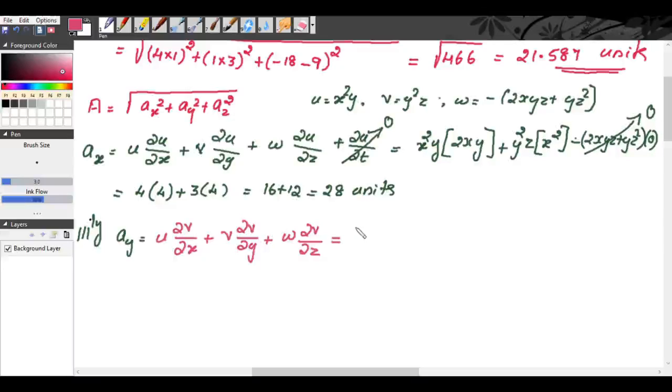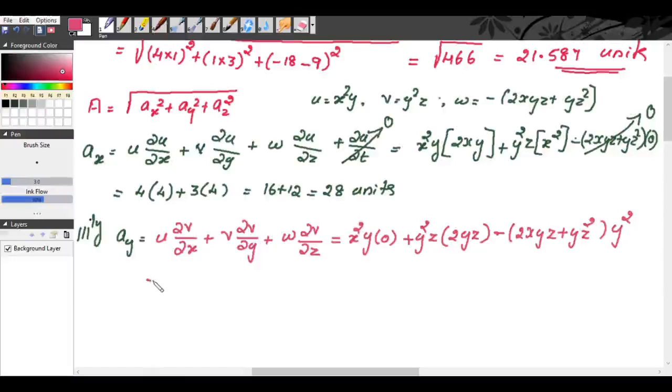So we get u is x square y into dou v by dou x. v is y square z, and we don't have an x term, so this becomes 0, plus v is y square z into dou v by dou y, that is 2yz, plus w, that is minus 2xyz plus yz square, into dou v by dou z, which is y square.